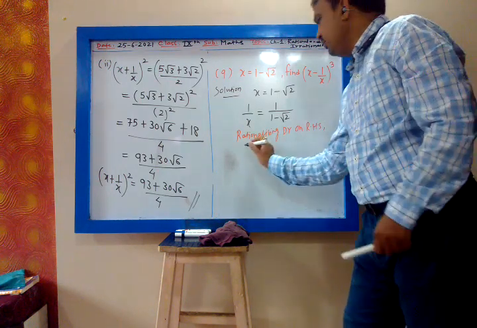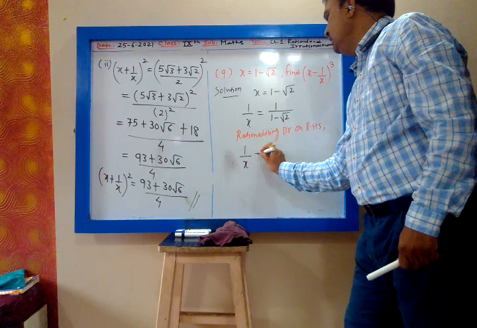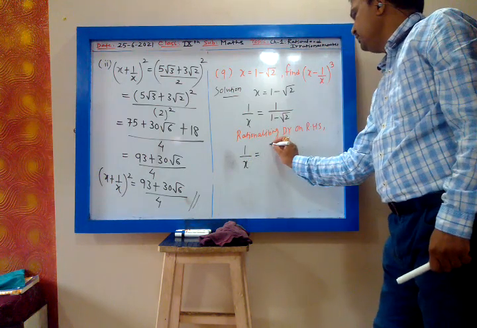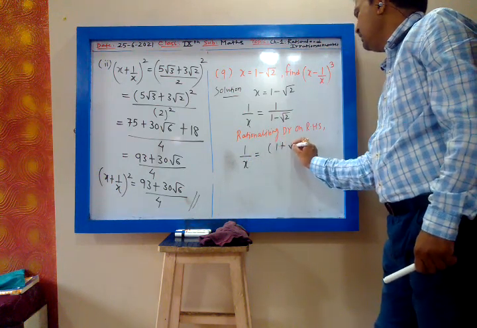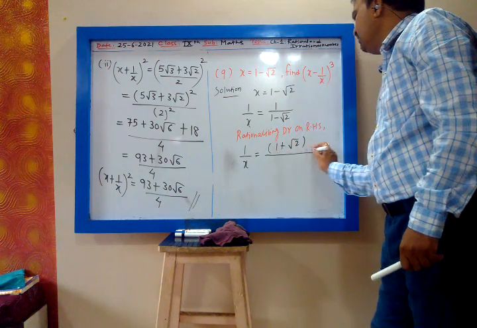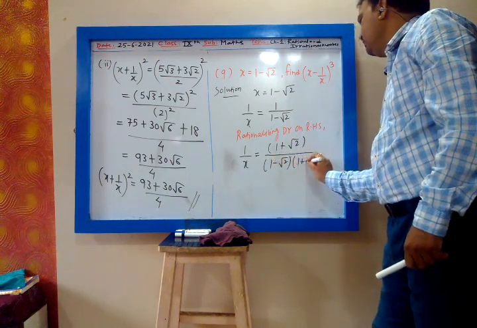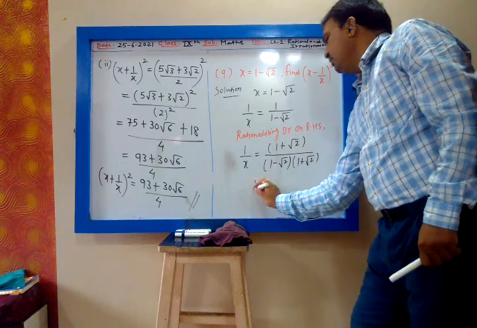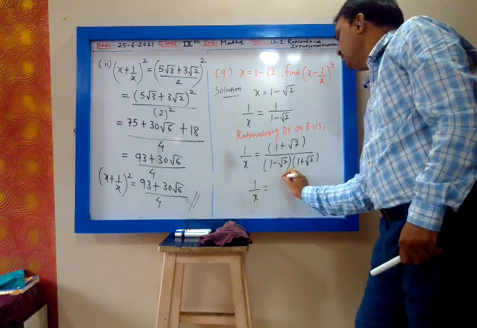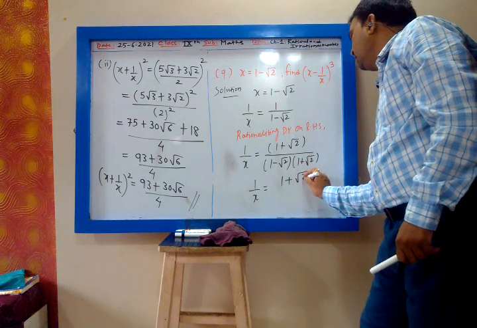So you will get 1 upon x, multiply and divide by 1 plus root 2. So that is 1 plus root 2, I am writing directly, divided by 1 minus root 2 into 1 plus root 2.